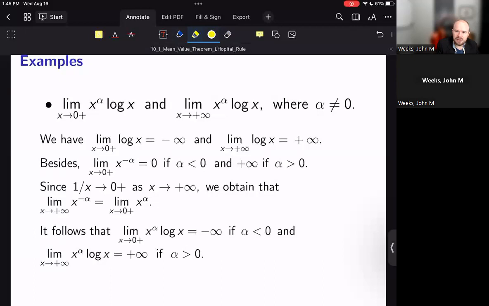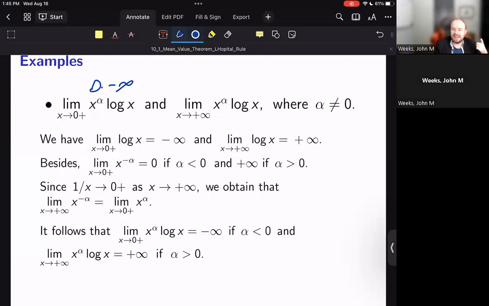For example, here alpha is not equal to 0, so as I approach 0 from the right, x to the alpha is going toward 0 as well. Log of x, on the other hand, is going toward negative infinity as x comes in from the right. So this is a form 0 times negative infinity, which I don't know very much about.